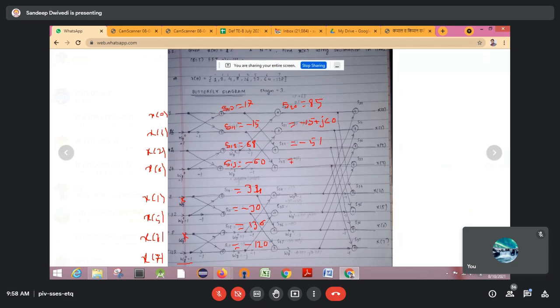Then S23, this value. So this is again minus 15, and minus j will be in a multiplication, so this will be plus 60j. So it will be minus 15 plus 60j. Minus j 60.